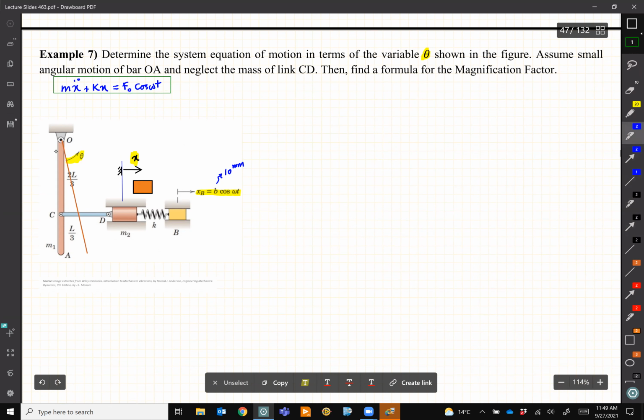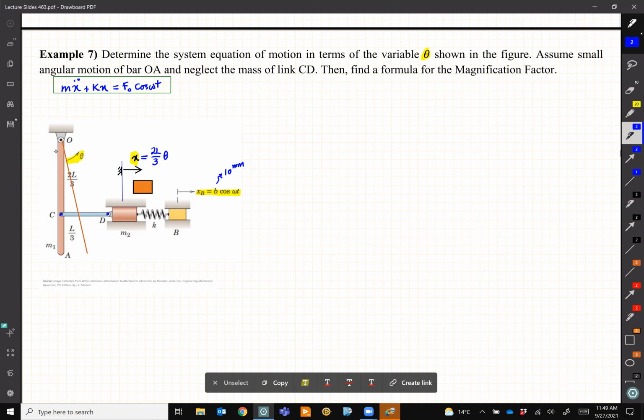Looking at the kinematics of this system, it's not difficult to figure it out. Like this mass M2 is attached to point D, and this is attached to point C. Right? And because again, we are in vibration, everything is in small motion. Easily, I can write down that this x is 2L over 3 theta.